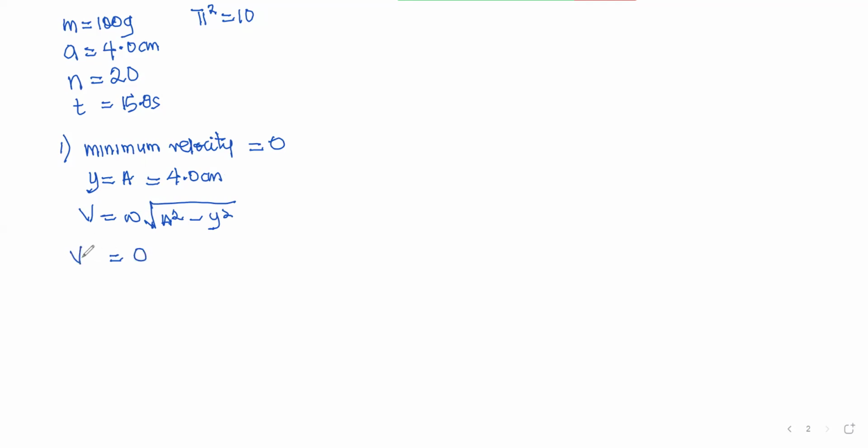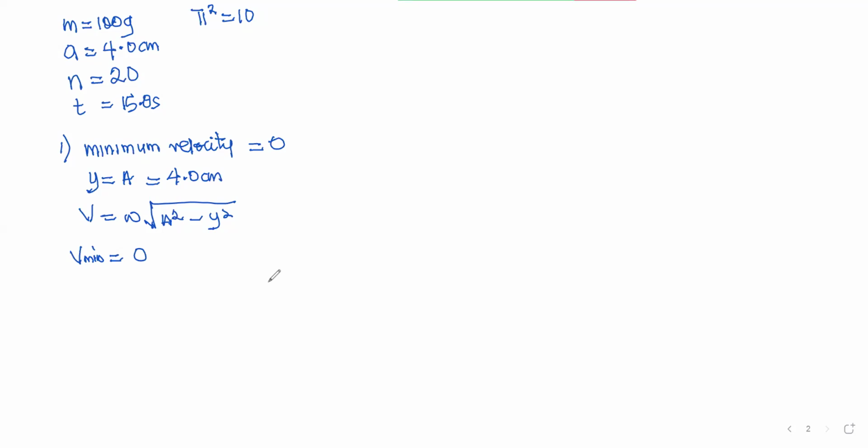So the minimum velocity of a body executing simple harmonic motion is always 0. Class, are we okay? Yes, yes. All right.